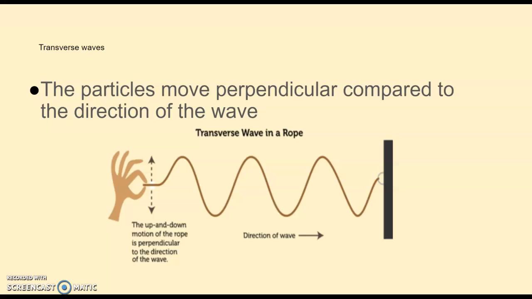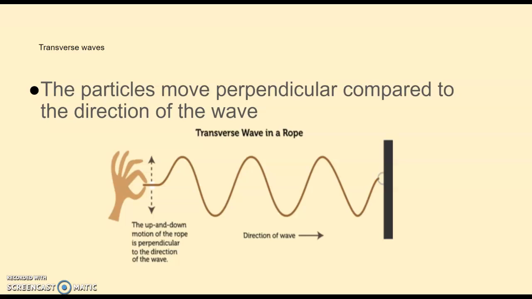So let's get into some new stuff. We're going to categorize waves again based off of the way they move. So my first type today is going to be transverse waves. Here the particles move perpendicular compared to the direction of the wave.